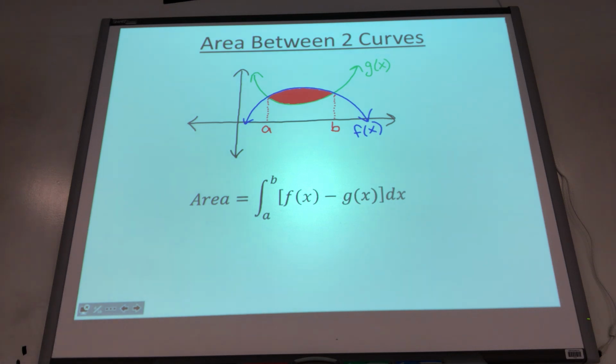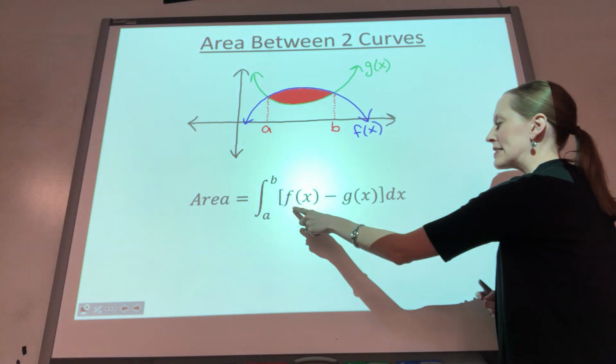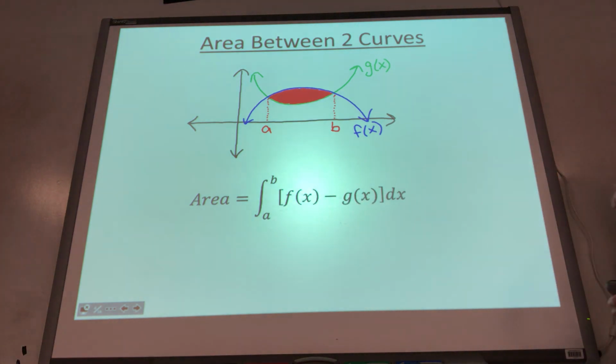So this probably needs to be in your notes. To find the area of that region, you're going to integrate from A to B. Again, A is the part on the left, B is the part on the right. But it says f of x minus g of x.